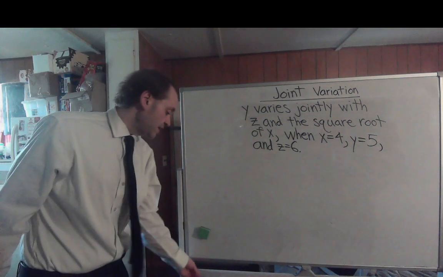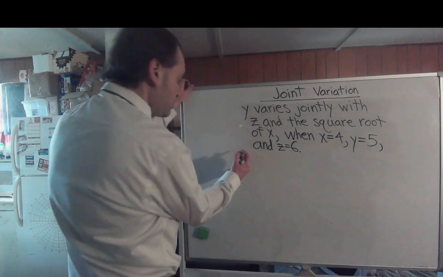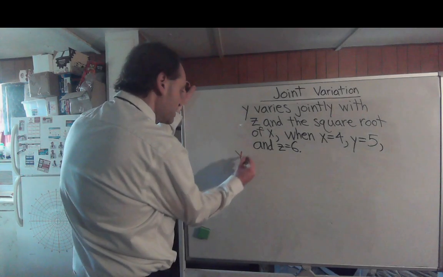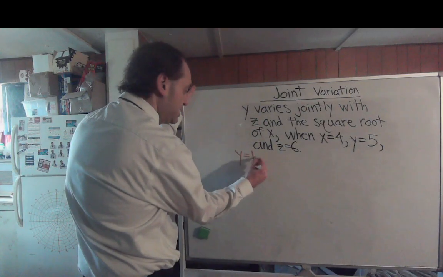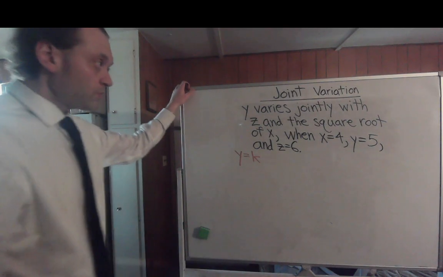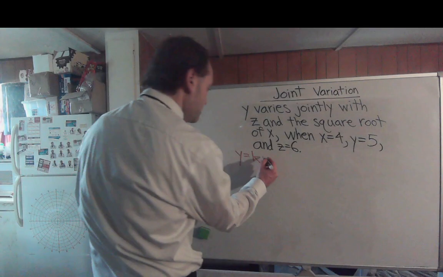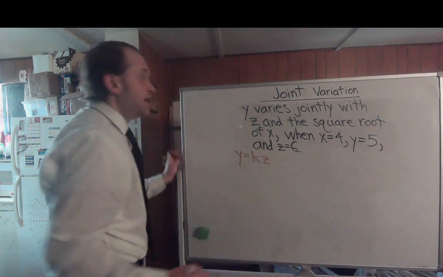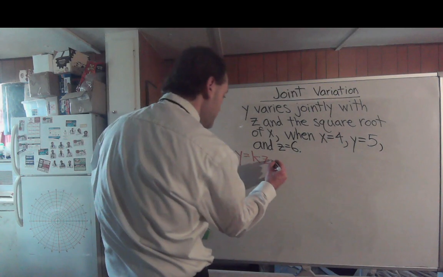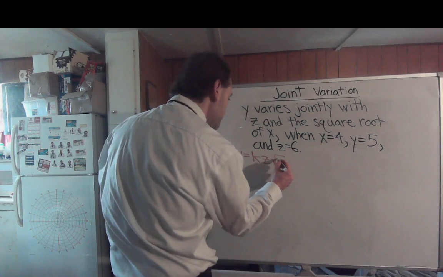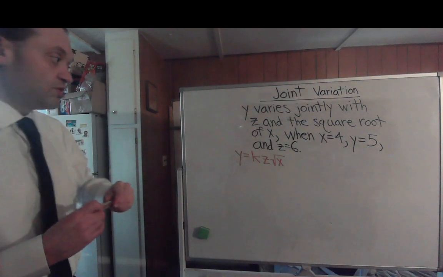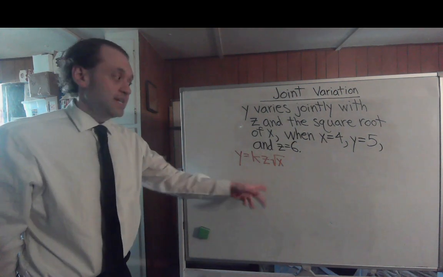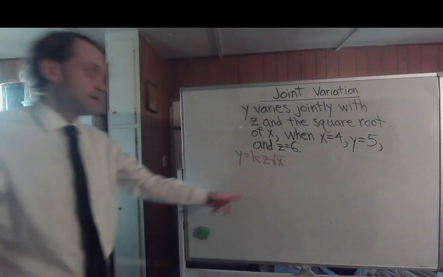So y equals, always put your constant of variation, k. It varies jointly with z, so k times z, and the square root of x, so times the square root of x. So your setup should be y equals kz times the square root of x.